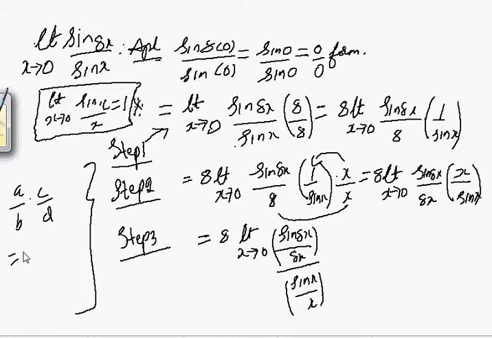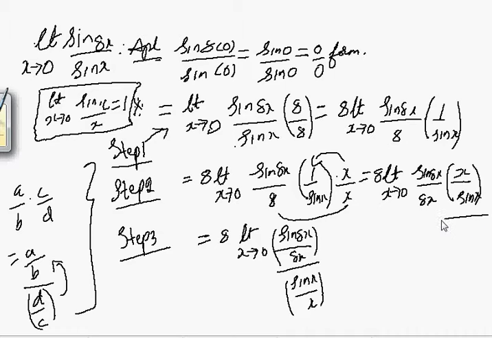Now this can exactly be written as A over B, the whole divided by D over C. Because when you flip this, D over C becomes C over D. So x over sine x can be written in the denominator as sine x over x, so that when sine x over x is flipped, I get x over sine x. That's all about it.